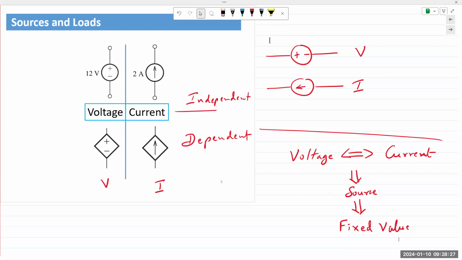Whether you run it as a voltage source or a current source, both quantities are being supplied. A voltage source will keep a fixed voltage, but will change the current depending on what the load requires. And a constant current source will provide a constant current, but will change the voltage depending on what the load requires.